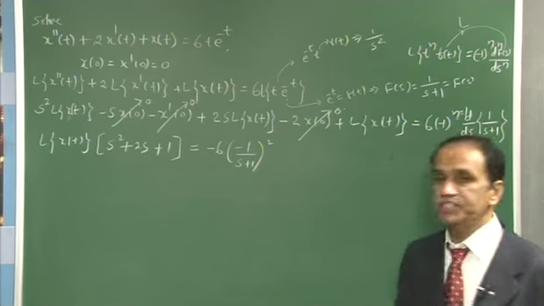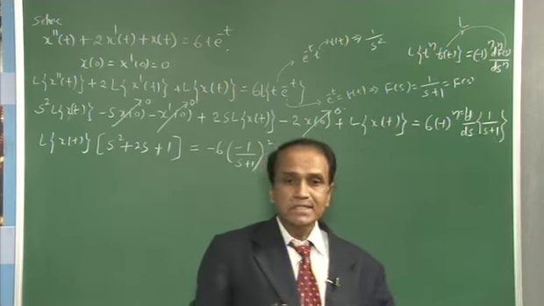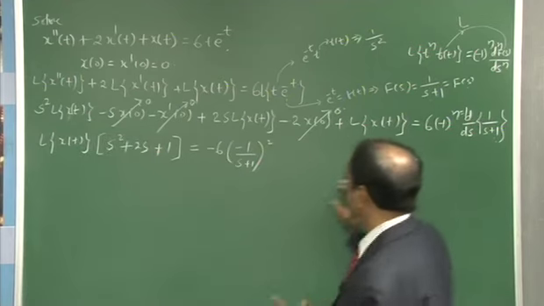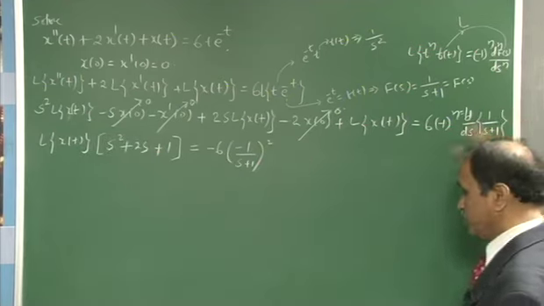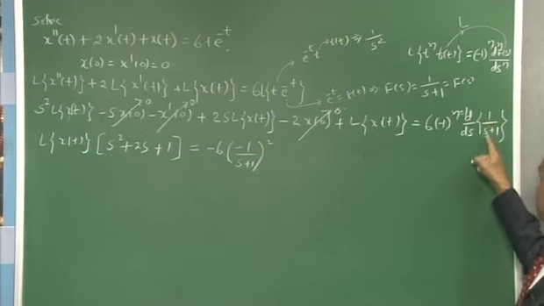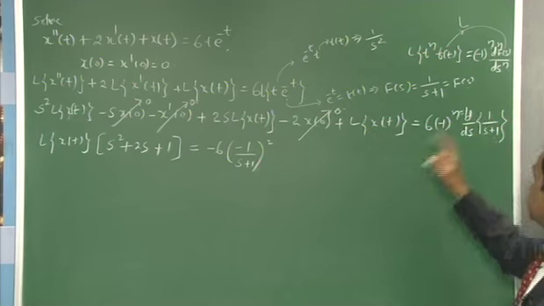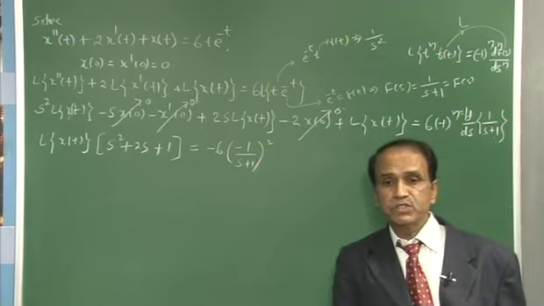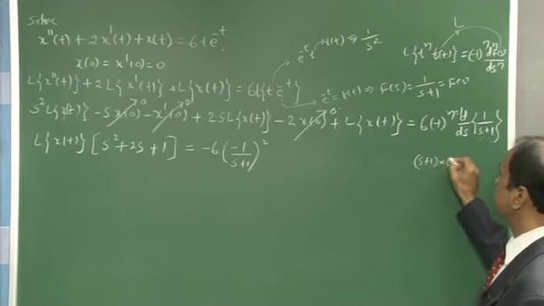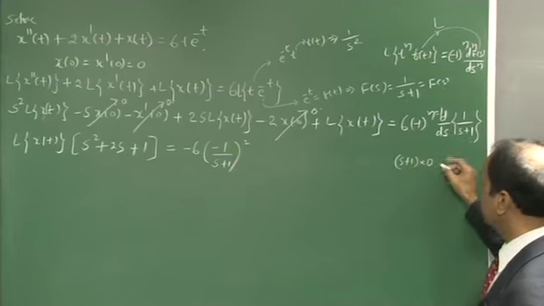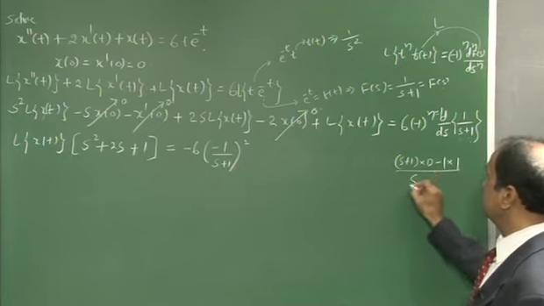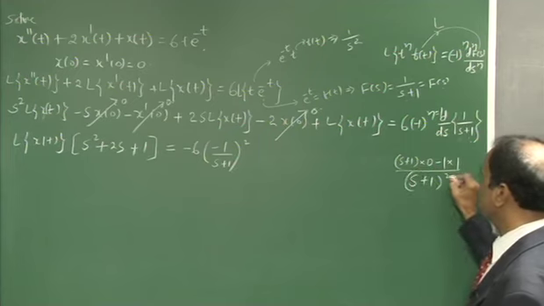How are we going to differentiate? Because you have studied basic differentiation, you can handle this by two approaches. One is the u by v formula. This is a ratio type: the denominator s plus 1 into the derivative of the numerator, which is a constant so it is 0, minus 1 into the differential of the denominator, which is 1, divided by s plus 1 whole squared.